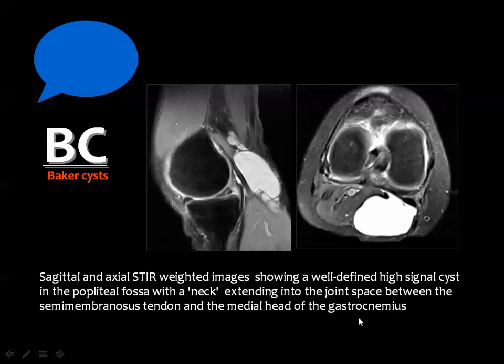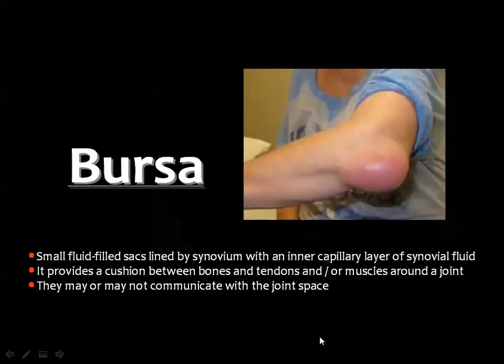And this is another Baker cyst in the popliteal fossa, showing the classic speech bubble appearance in both these two T2 weighted images.